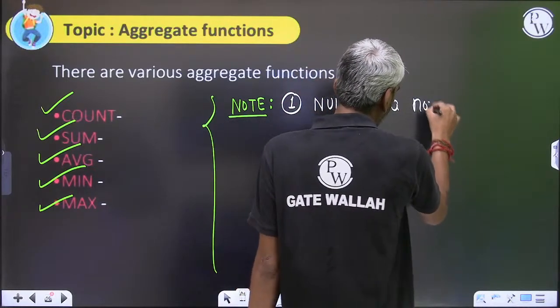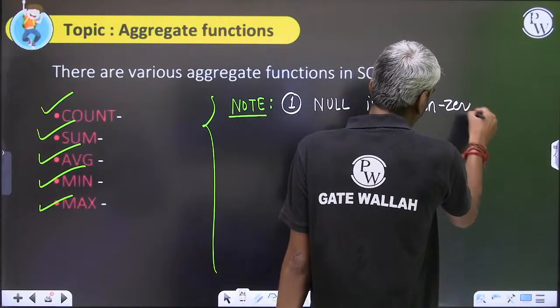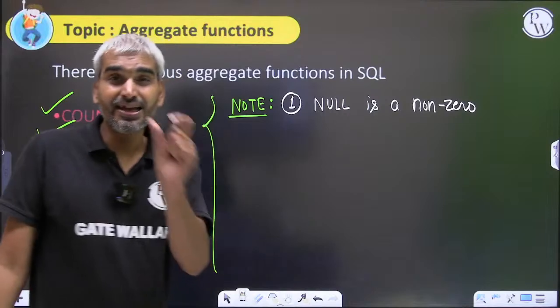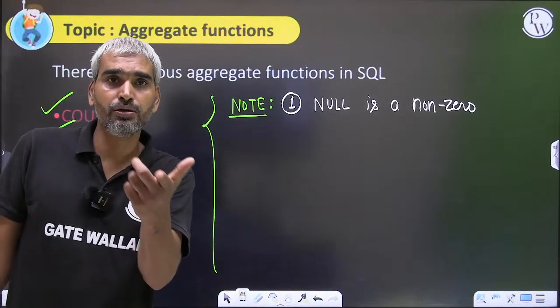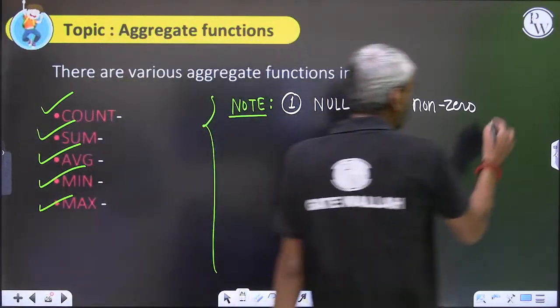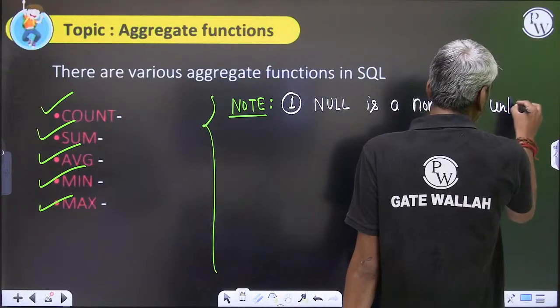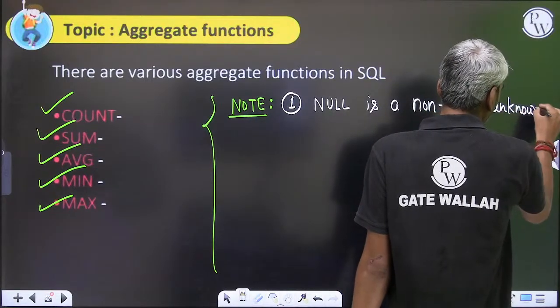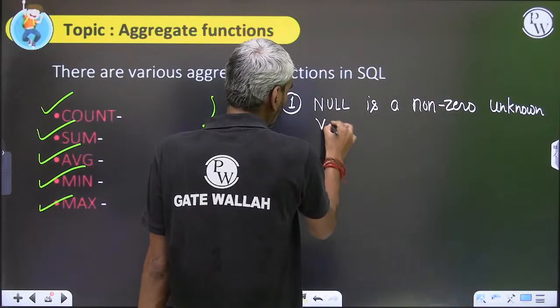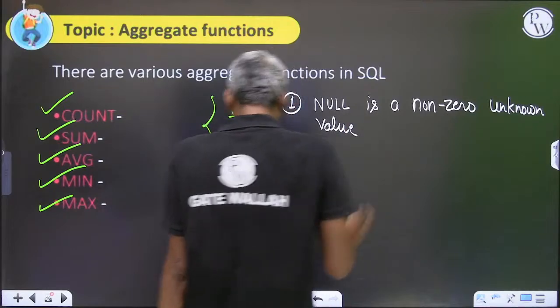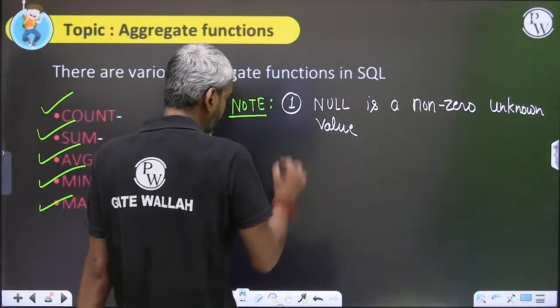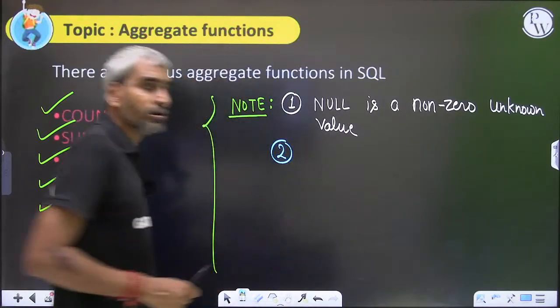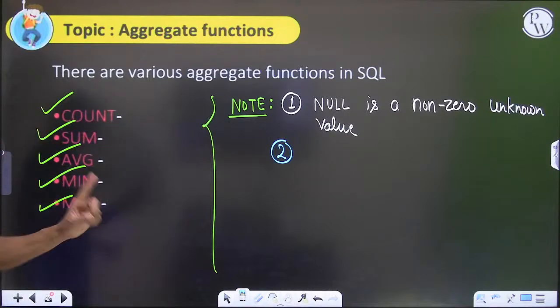And that's why when we want to compare with null, we use the operator is. No equality can be used. Second thing is null value is discarded by aggregate functions.